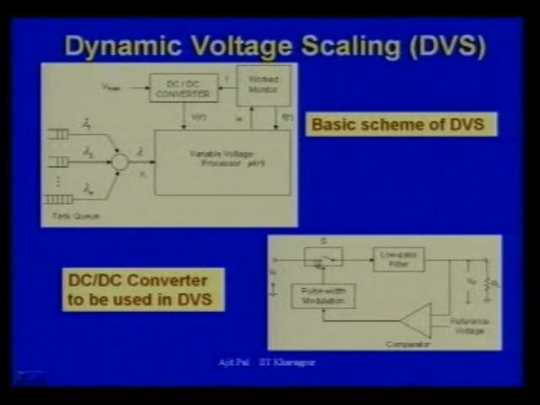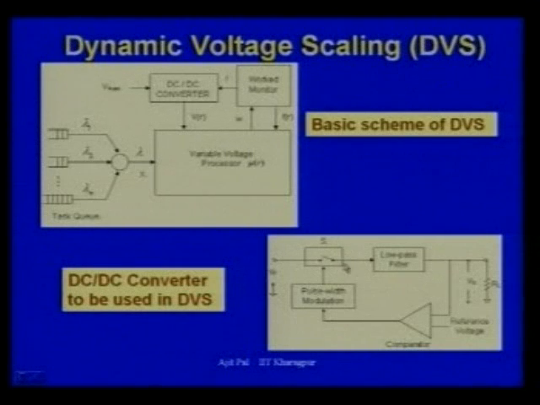And this is the schematic diagram of a DC to DC converter. Here as you can see, you can generate different voltage, variable voltage with the help of a fixed reference voltage, with the help of a pulse width modulator, low pass filter and an electronic switch.